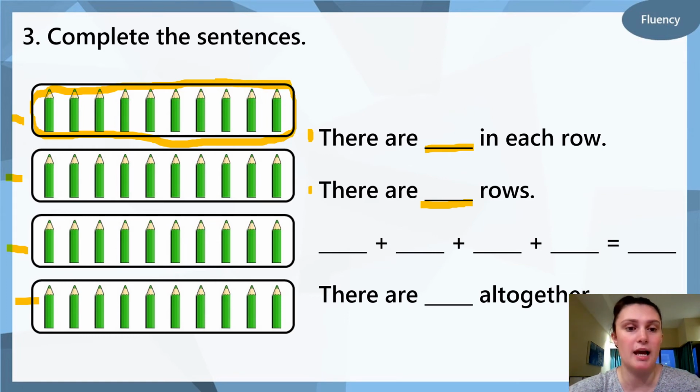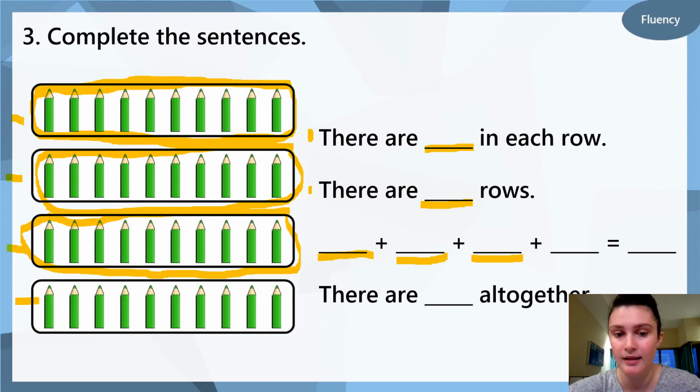Next, I want you to count how many are in the first row and write it on the first line. How many are in the second row and write it on the second line. How many are in the third row and write it on the third line. And how many are in the fourth row and write it on the fourth line.